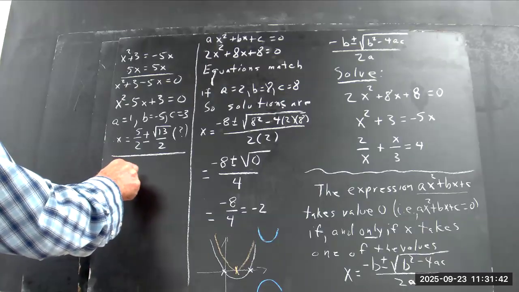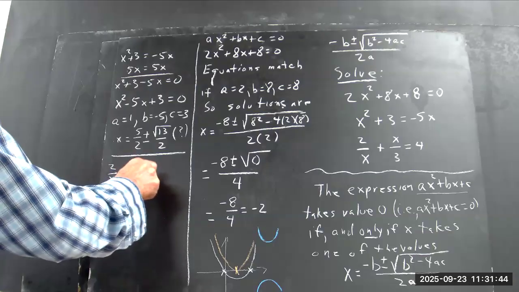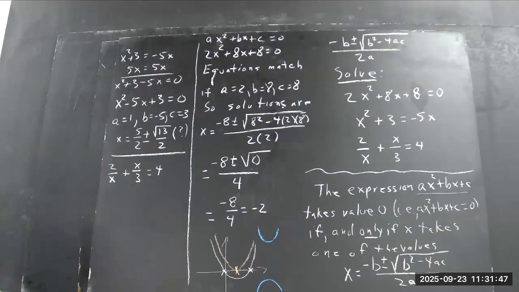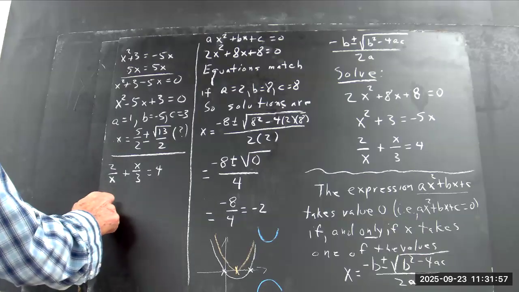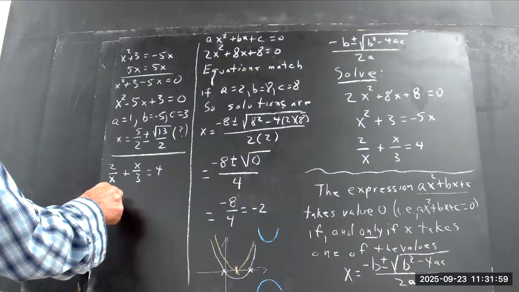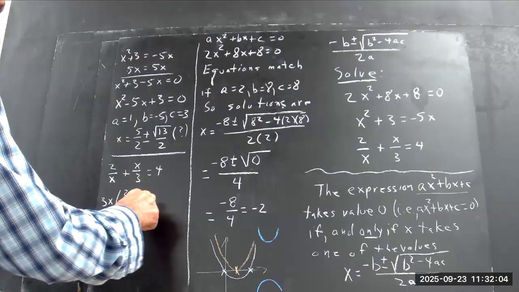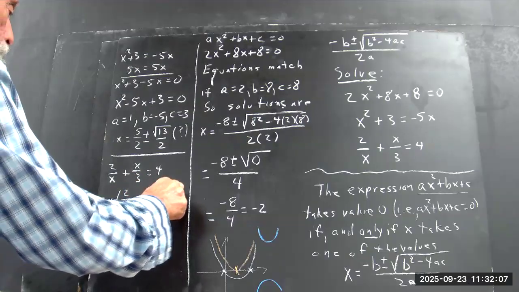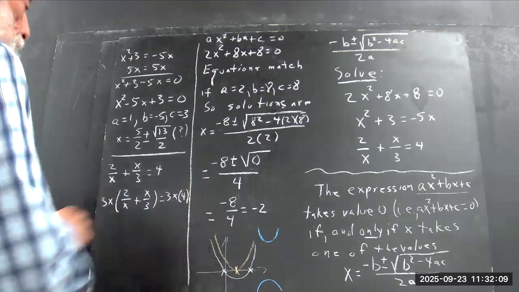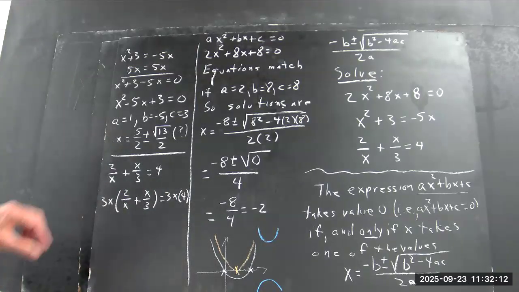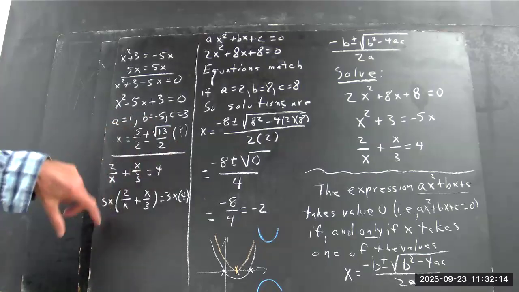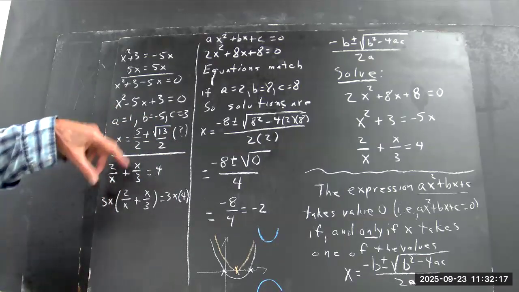Sure. Okay, now we've got 2 over x plus x over 3 equals 4. As I've advocated repeatedly, when you have denominators, you multiply both sides by a common denominator. So common denominator is 3x. If we multiply 3x by both sides, we do 3x times the whole side, not just times the 2 over x or the x over 3.